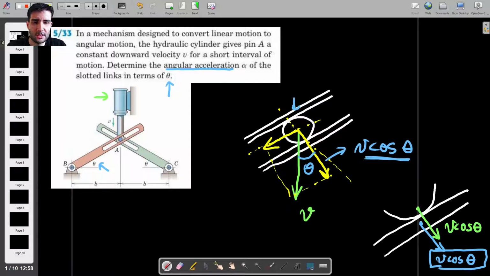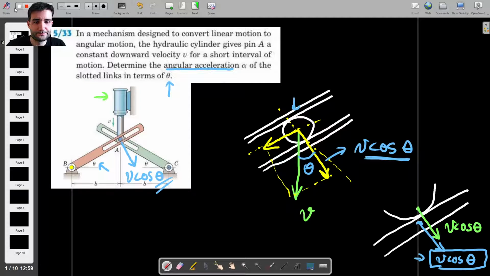And I hope it's quite obvious that the velocity of the link does not have any other components, right? The velocity of the link at this point has to be perpendicular to the link because the link is hinged at point B. So if it's hinged at point B, it means the velocity of the link has to be perpendicular to the link itself, and we got that as v cos theta, like that.